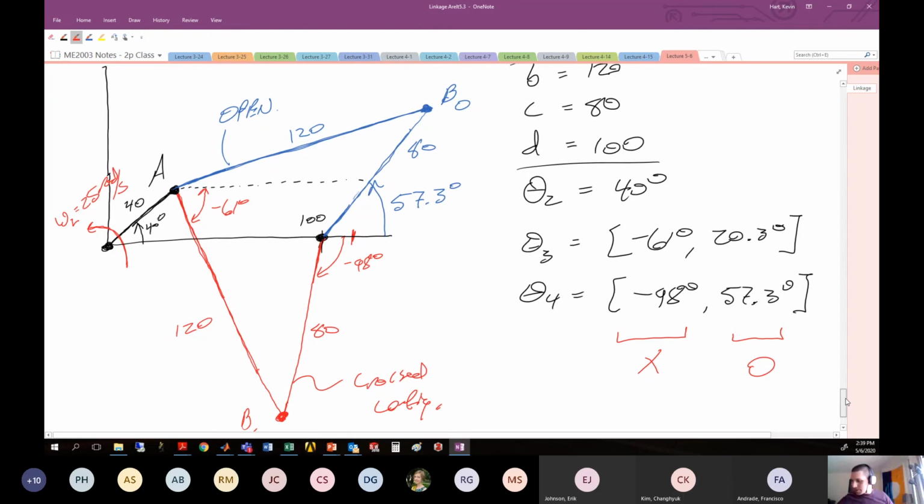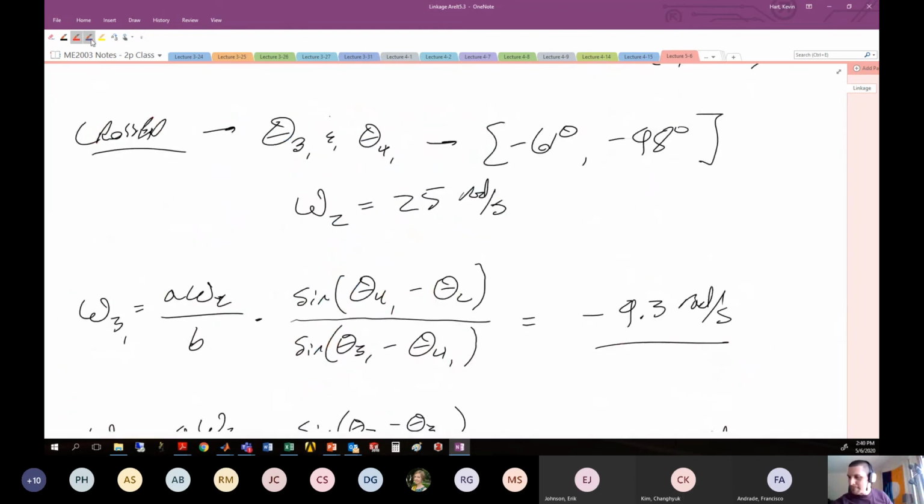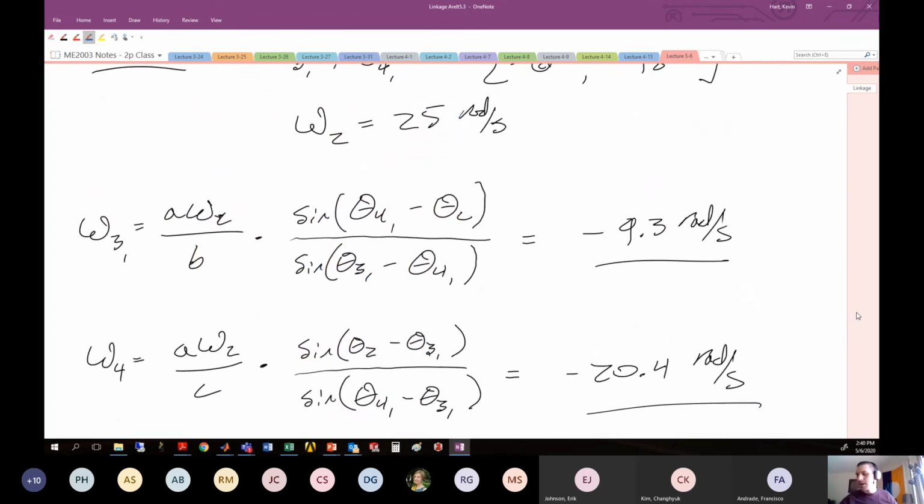So let's bring that information in here as well. Let's first look at the crossed configuration. Here we have omega 3 equal to negative 9.3 radians per second.